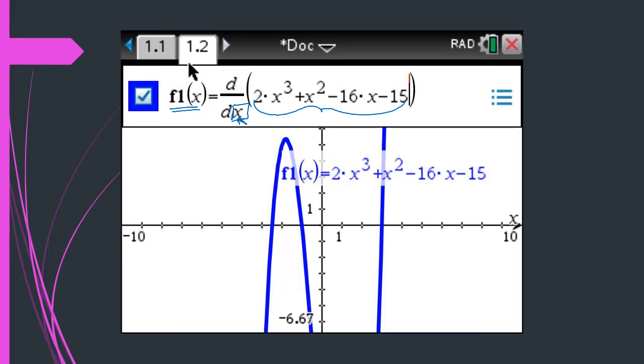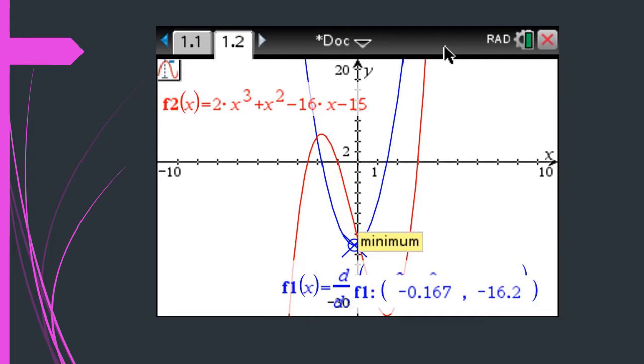Then I moved my first function to f of 2, and I made sure that both boxes are checked for f of 1 and f of 2, so you can see both graphs. You just hit enter, and you'll get this. My f of 2 is my original function, the red one, the y function you had.